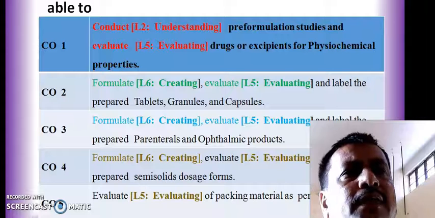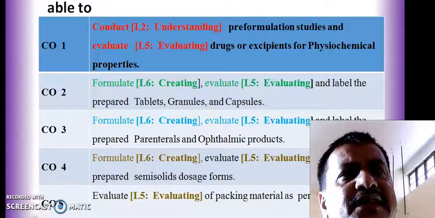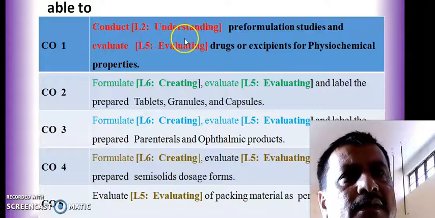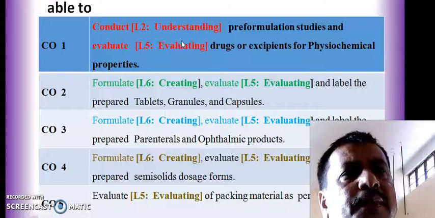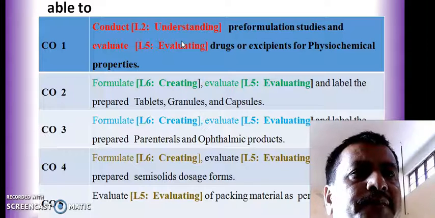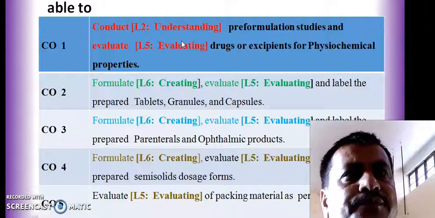Now these are the course outcomes which I have designed for the Industrial Pharmacy 1 course. I have designed these 5 course outcomes based on Bloom's taxonomy, which are as follows.